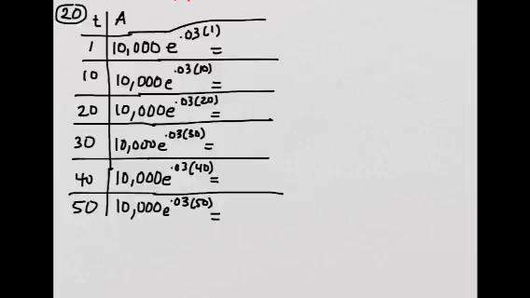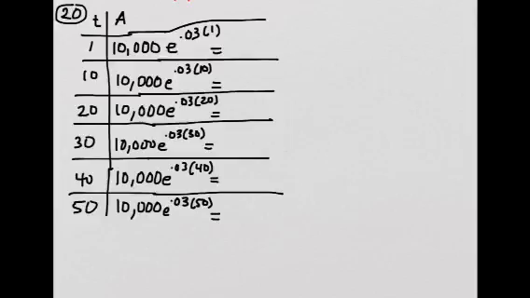So for number 20, here's the table. I wrote it vertically because it gave me more space to write the work for A. So we're using Pert, the principal times e to the rt, because it's compounded continuously. So for rate, remember, you move the decimal 2 places to the left.